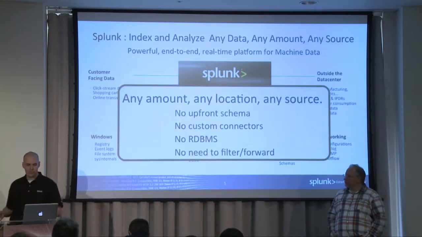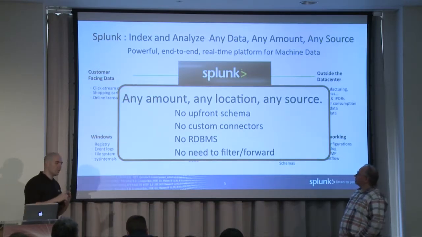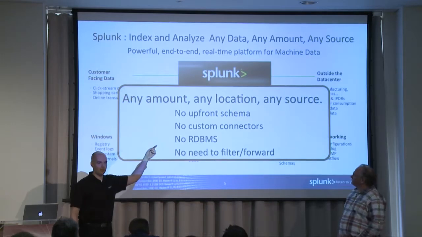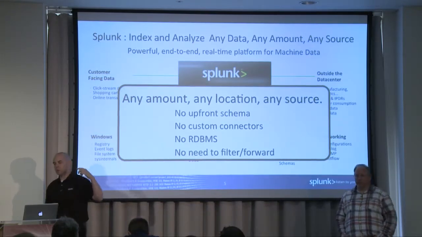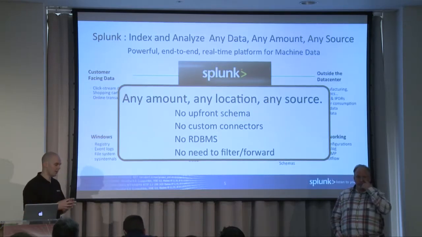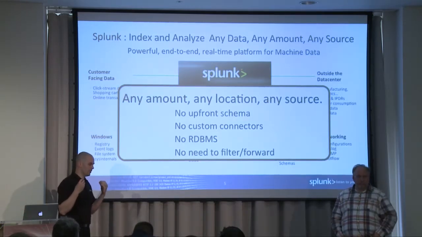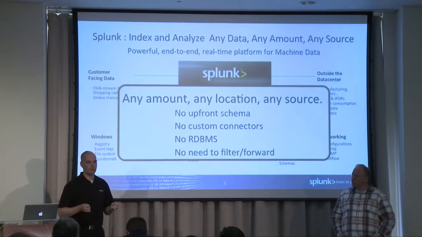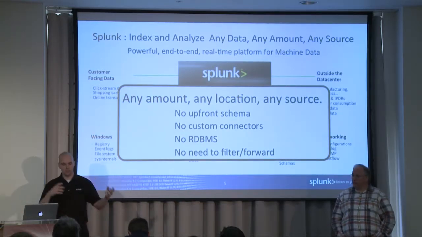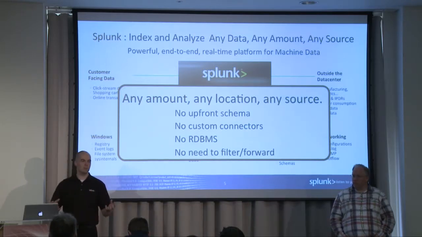Now, I mentioned at the beginning that machine data is unstructured data, which means there's no upfront schema. When you think about an Oracle database or a SQL database, you have something called a schema. And a schema is simply a definition of what your data looks like, right? It's tables, it's views, it's fields in the table, there are relationships between the tables. That's a schema.